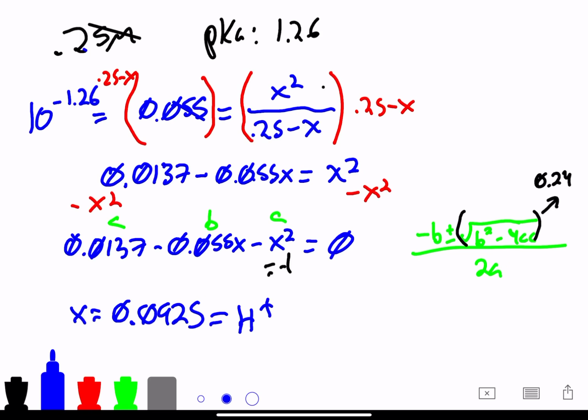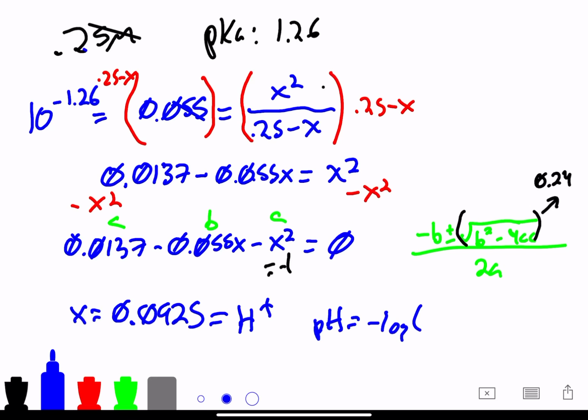If you were to take the opposite of b, which would be plus 0.055, add 0.24 to it, and then divide by -2, you'd end up with a negative number, and that would not be the correct answer here, right? You can't have negative concentrations. So this is our concentration. So to find the pH, we just need to take the opposite of log of this.